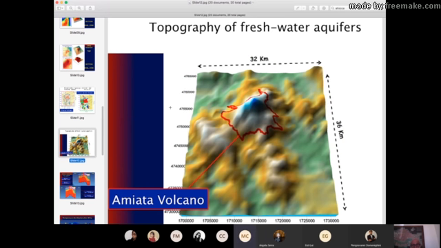So we have to put a top boundary condition in the model, that is the pressure of the superficial freshwater aquifer. Through the work of Calamai et al., the one we have seen this morning, we have seen the topography of the superficial aquifer within the volcano.